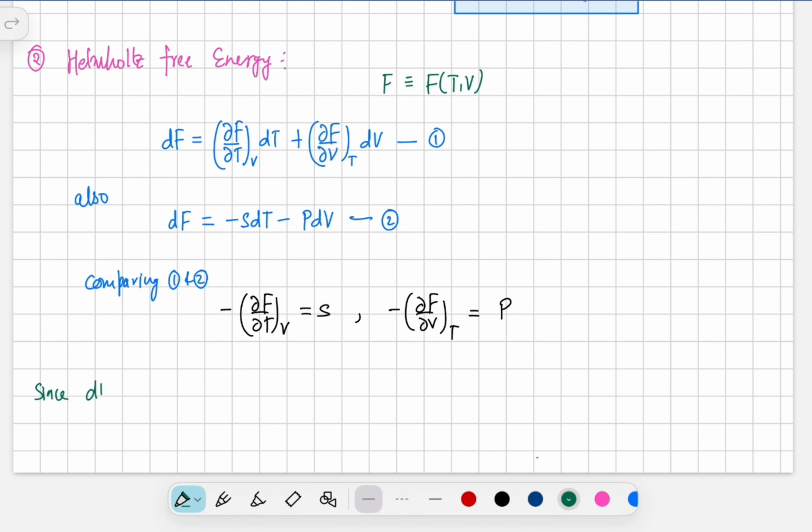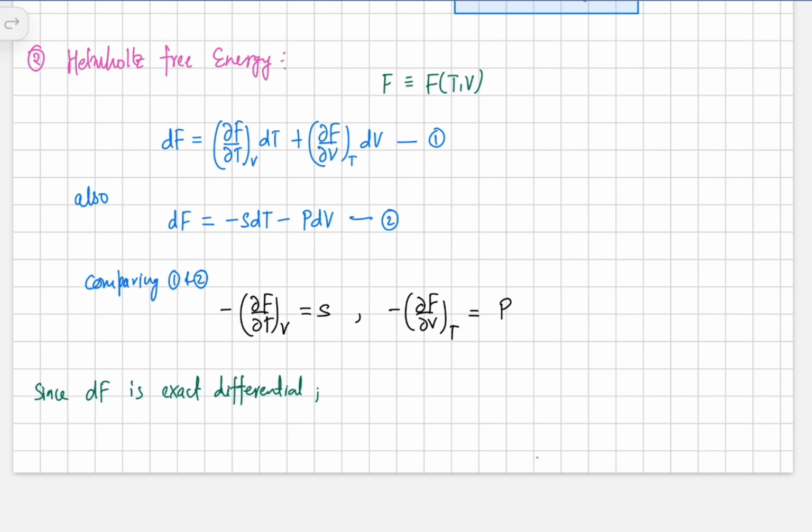Since dF is an exact differential, its differentiation with respect to V at constant T and its differentiation with respect to T at constant V, both will be the same.